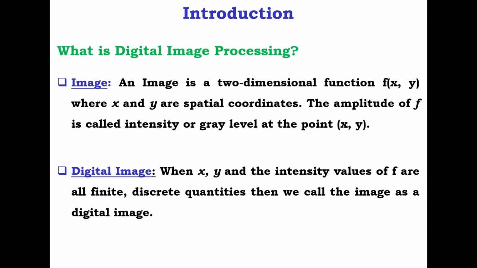An image is a two-dimensional function which is represented as f of x comma y, where x and y are spatial coordinates.